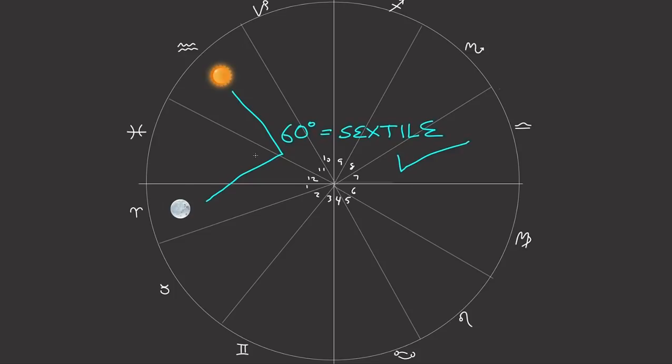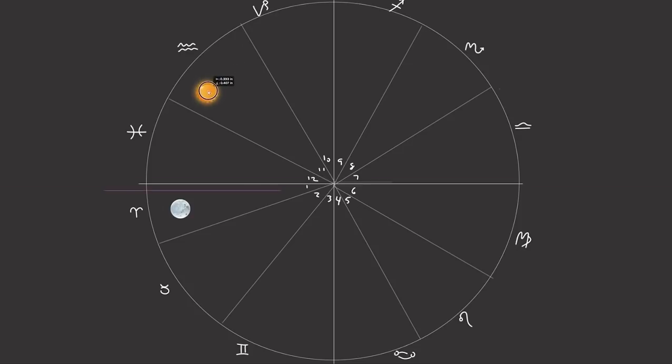Now obviously it's not going to be exactly 60 degrees. I mean, we could have a situation where, let's say the sun is over here, and let's say the moon is up there. So in that particular case, let's say maybe the sun is at 20 degrees and the moon is at 10 degrees. That means we would have 10 degrees to make the rest of the sign.